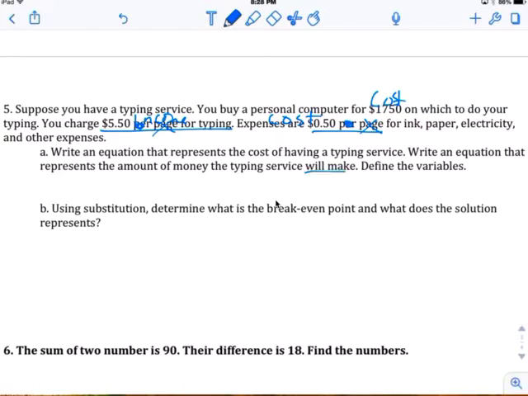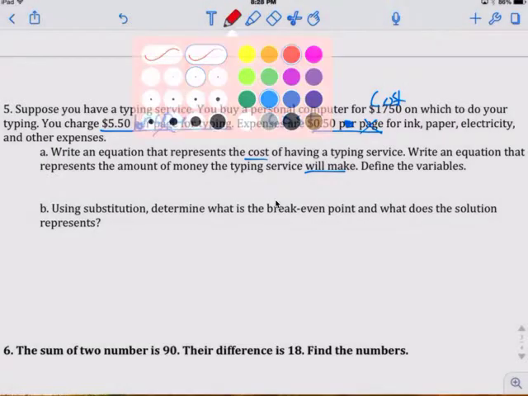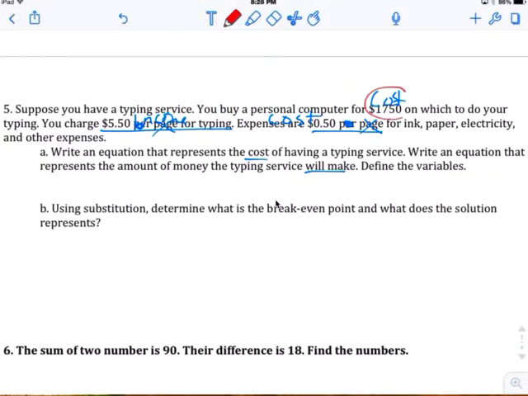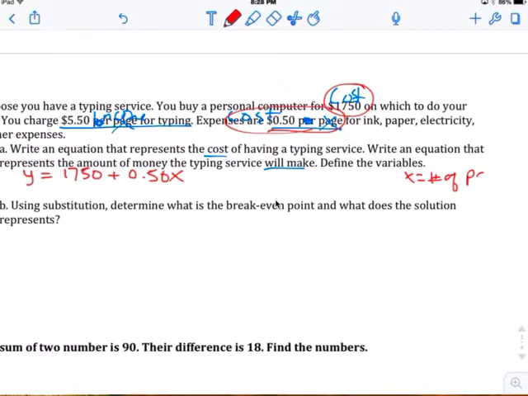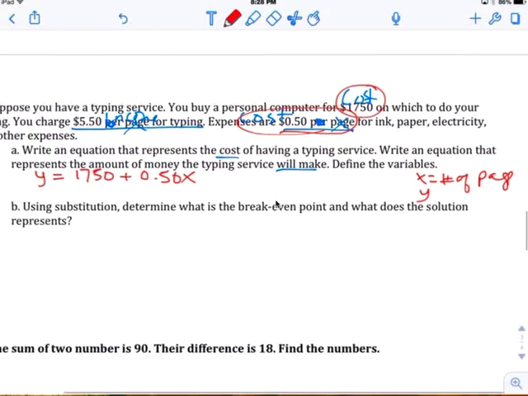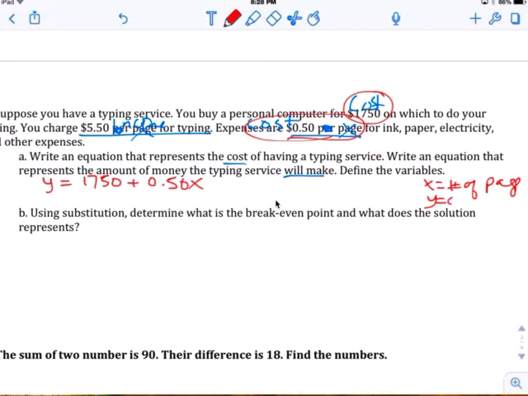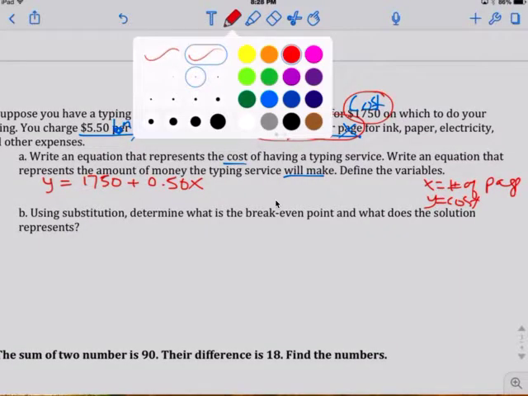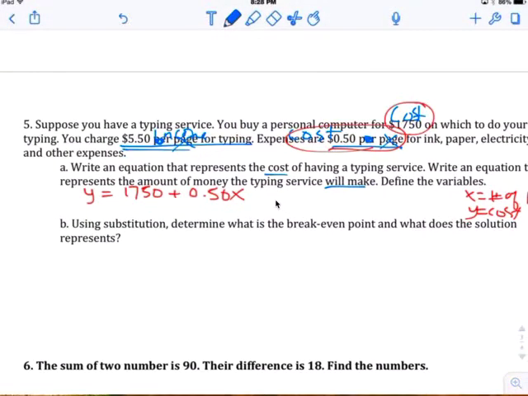Okay, same thing, cost and income. Let's start with cost. So the cost is Y equals 1750 plus 50 cents per page. X represents the number of pages. Y equals cost. Also Y equals income, because you charge this much. So Y equals, you're going to make $5.50 per page.